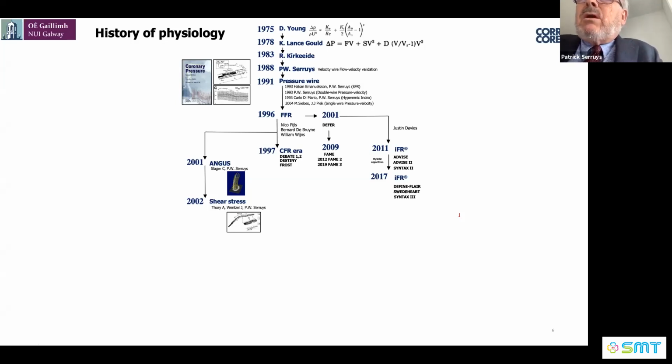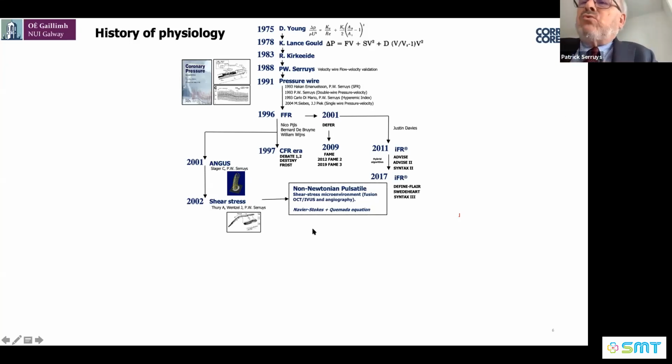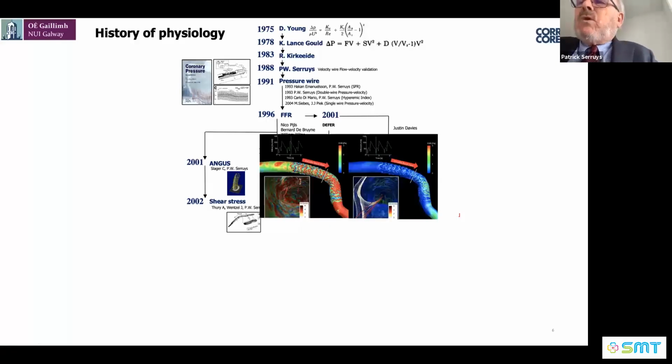And then in connection with Stanford University, I was interested in the shear stress, and we combined angiography and IVUS, which we called ANGUS, and then we moved to the shear stress, which became quite complex, up to recently non-Newtonian pulsatile shear stress with very catchy, colorful pictures. Looking at the shear stress in patients and looking at the Absorb technology.